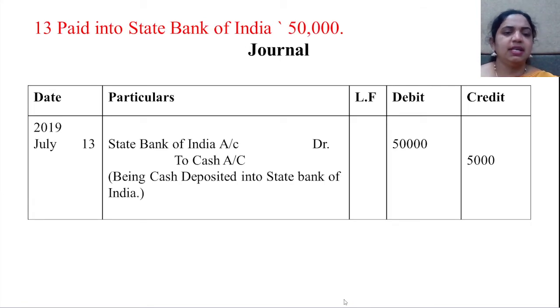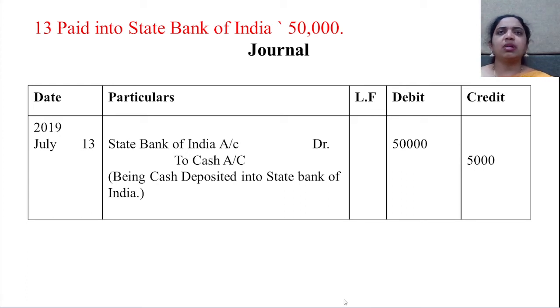Okay, let's move ahead. The next entry is dated 13. That is, paid into State Bank of India rupees 50,000. Remember, when you pay, cash goes out. Who is the receiver? State Bank of India. So State Bank of India is the receiver, cash goes out. So 50,000 on the debit, 50,000 on the credit.